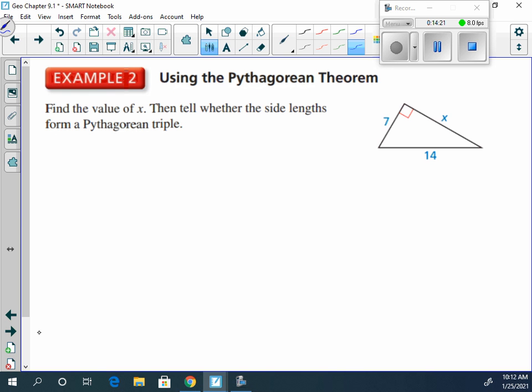Okay, let's look at this one here. So again, we're solving for the side lengths and determining whether it's a Pythagorean triple. So what's the values of A and B? So 7 squared plus x squared equals 14 squared?